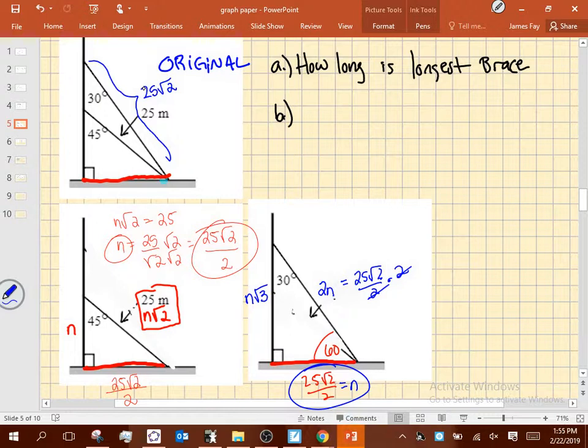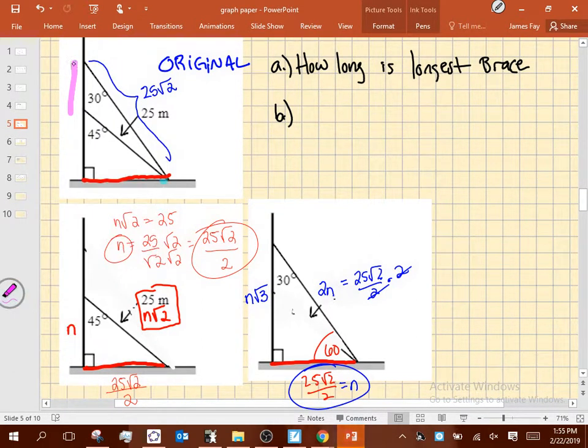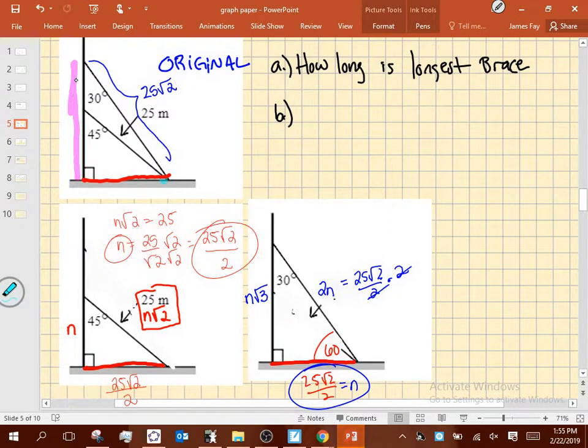The next part of the question is how far does that longer brace reach on the building in comparison to the shorter brace? So that's the longer brace, that's the shorter. So if we come down here, the shorter one is what that n value was here, right? So that shorter one is 25 root 2 over 2.